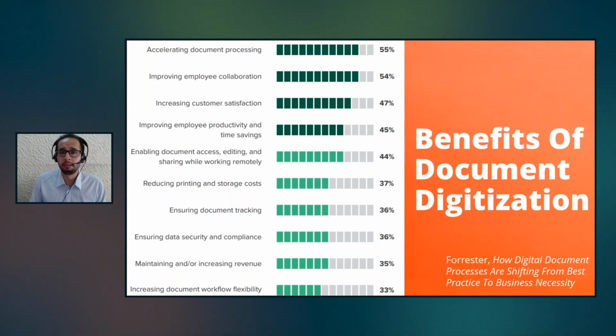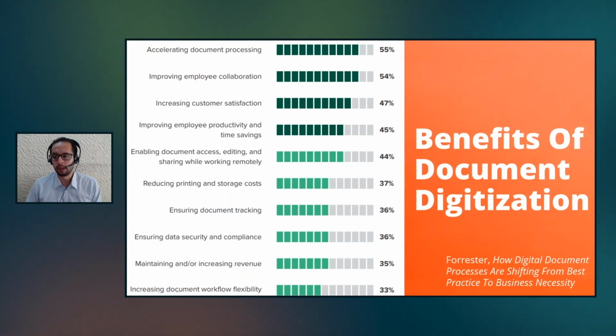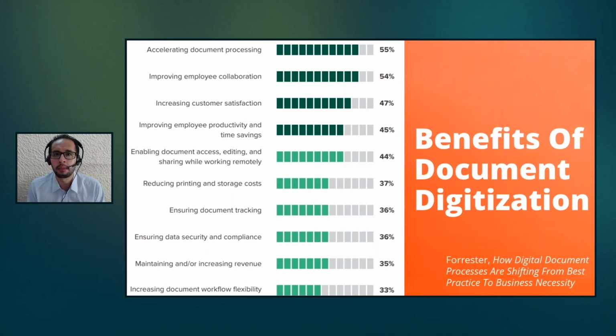The second main benefit, which got the second greatest score, was of course improving employee collaboration. One of the things we identified in this study was, you know what? If I have my documents fully digital, if I am able to generate documents in a much easier way, I am going to collaborate much better with my employees.